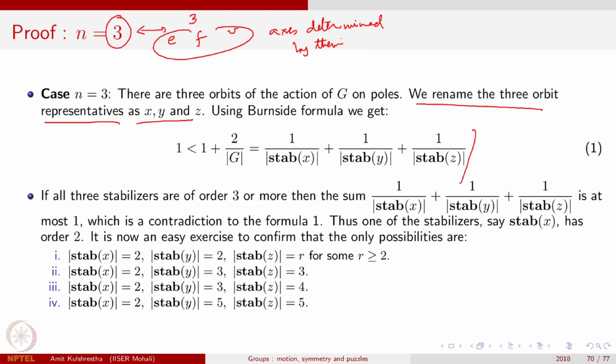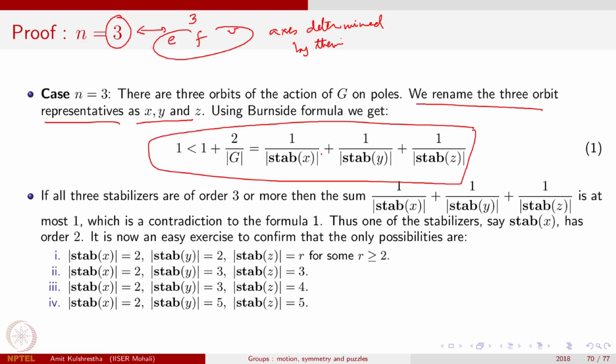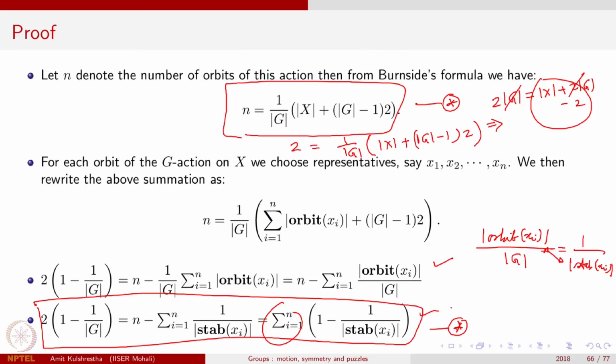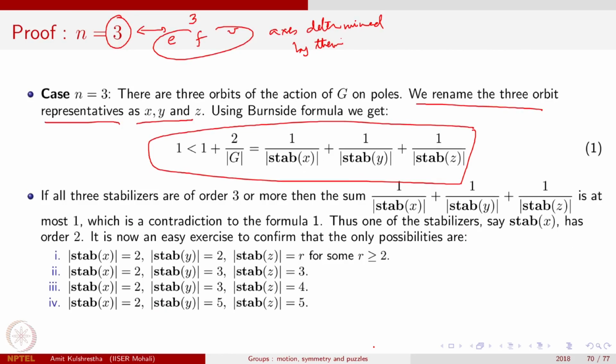And one of the formulas that we had earlier, remember what formula it was? Summation of stabilizers. This formula which says that twice of 1 minus 1 by this is summation of stabilizers.